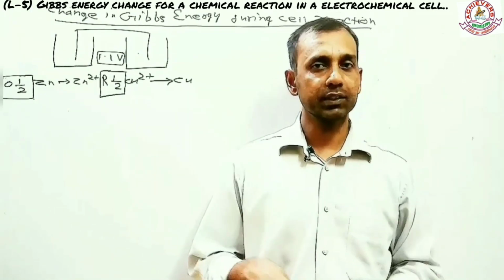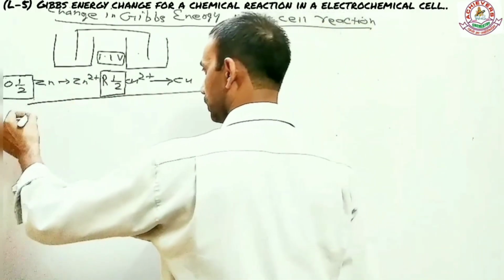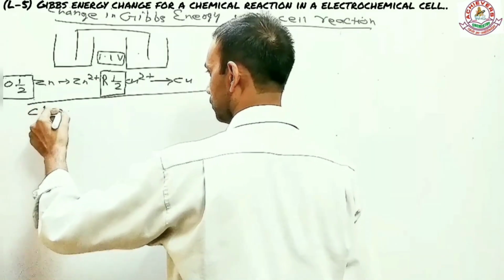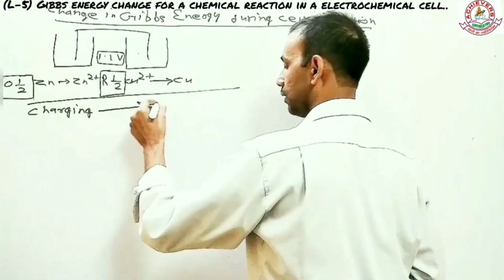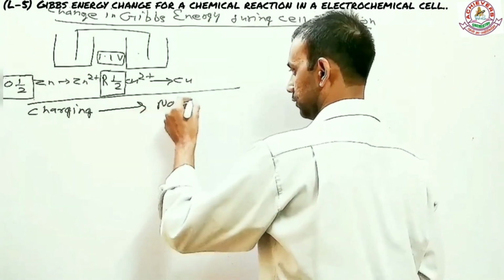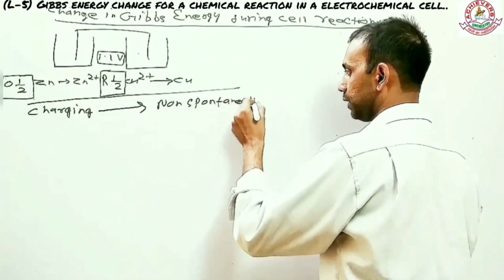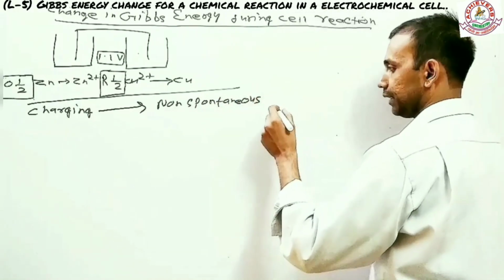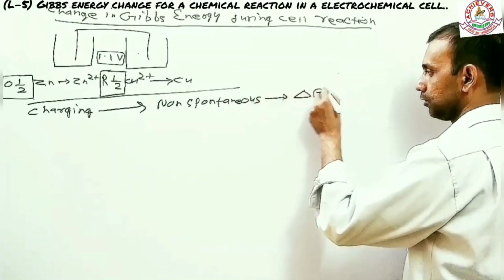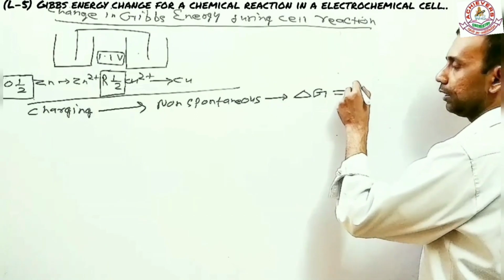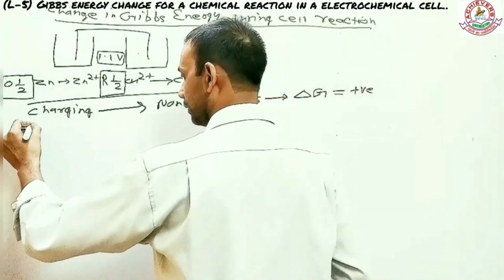So there are two types of reaction in a cell. One is called the charging reaction. Charging is a non-spontaneous process, and for this delta G must be positive.